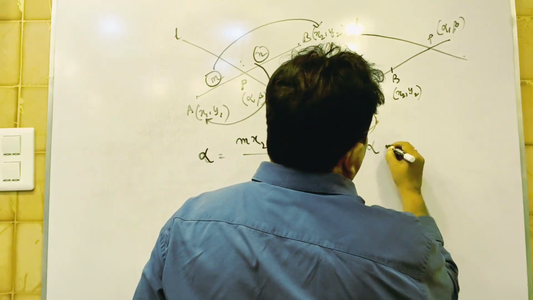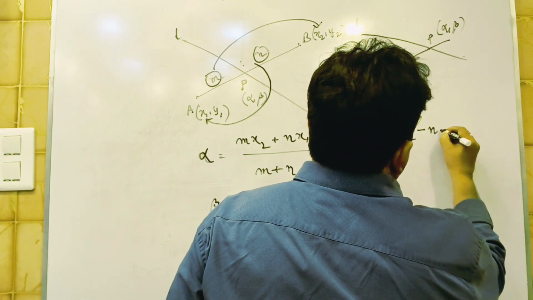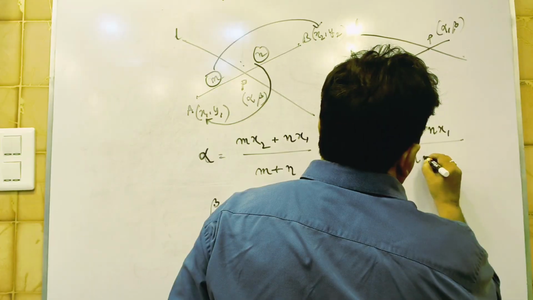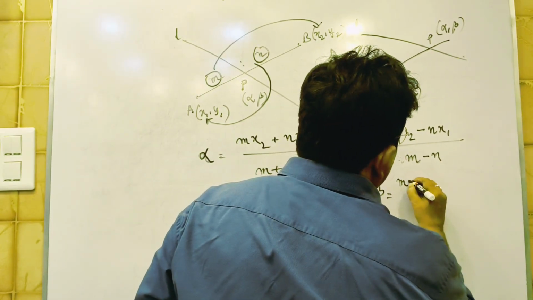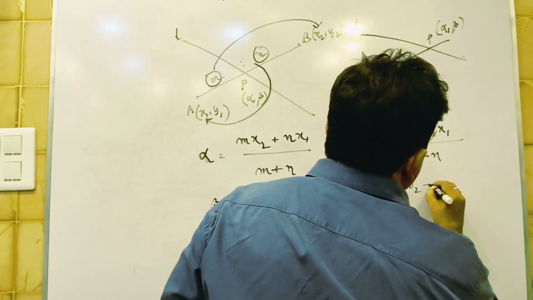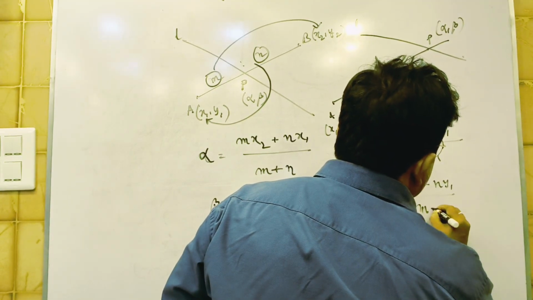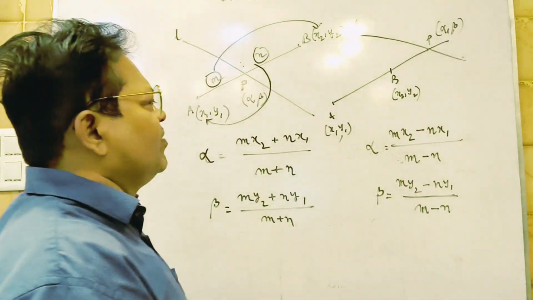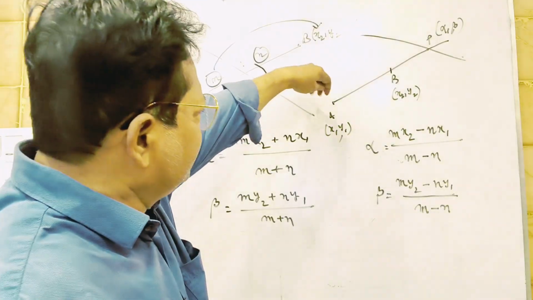Then the coordinates of alpha beta will be: alpha equals m into x2 minus n into x1 divided by m minus n, and beta equals m into y2 minus n into y1 divided by m minus n. This is the formula when the line AB is cut externally by a straight line.